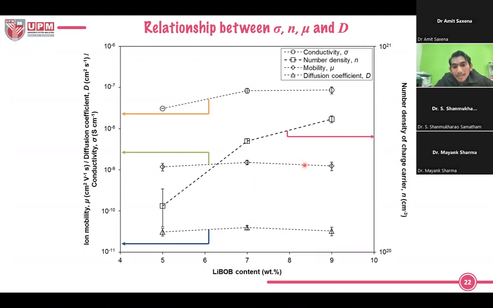But the mobility is almost constant, meaning that when we add more salt, they flow with the same diffusion, they drift with the same velocity. So we can say that the increase in conductivity is dominantly influenced by the number density of charge carriers.